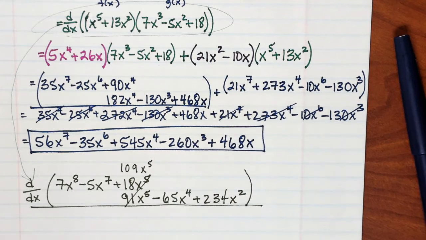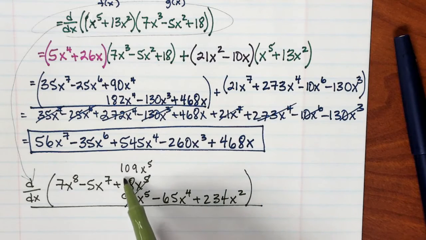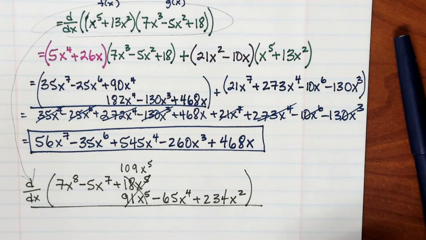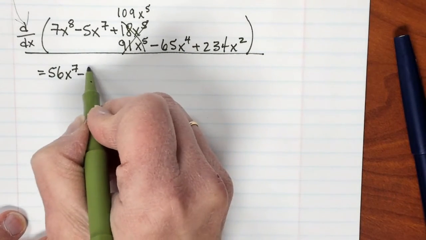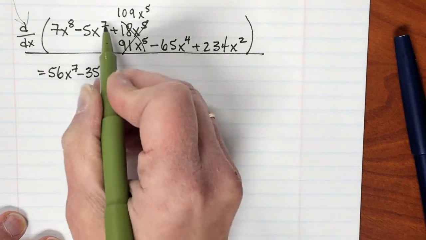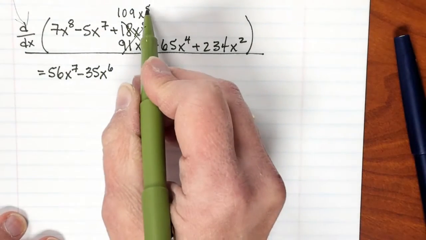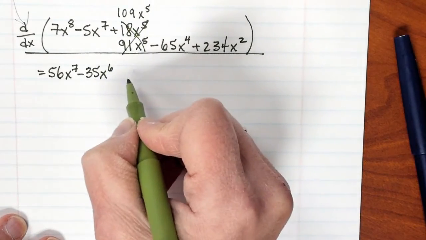to the 5th. And then you simply take the derivative of each one of those. So that's going to be 8 times 7, which is 56x to the 7th. This is a negative 35x, reduce the exponent. This would be 5 times 109.